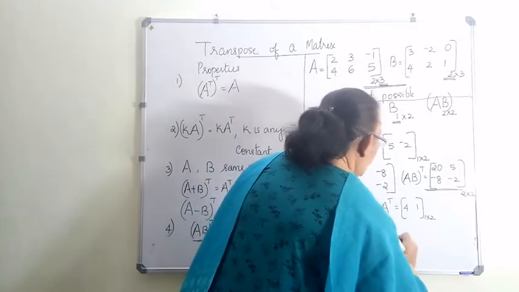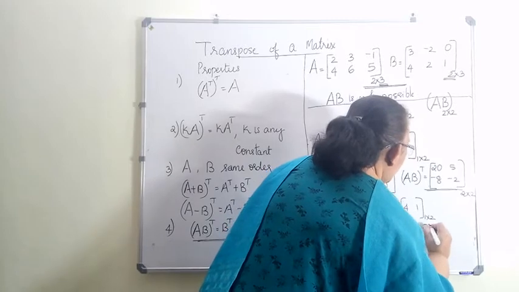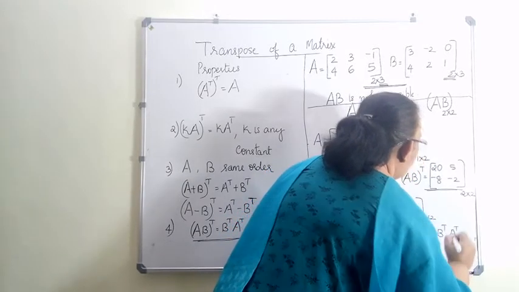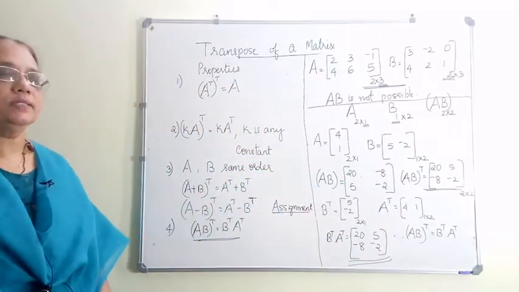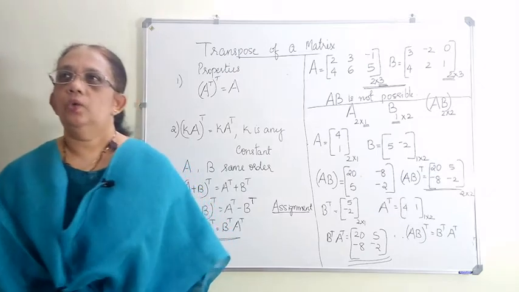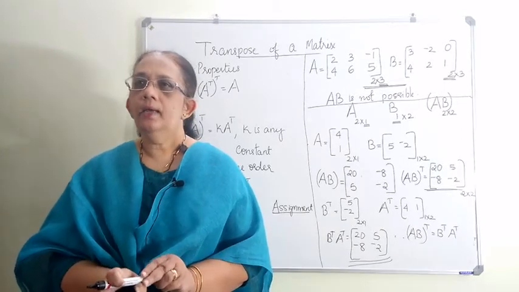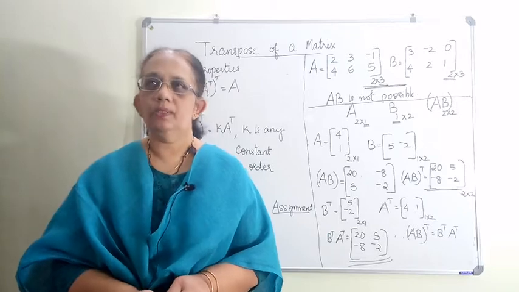So we can say from this example, therefore, AB the whole transpose is equal to B transpose into A transpose. So these are the 4 properties related to the transpose of a matrix. Let us recollect once again. It's a simple topic, and based on the transpose of a matrix you have some other topics also.